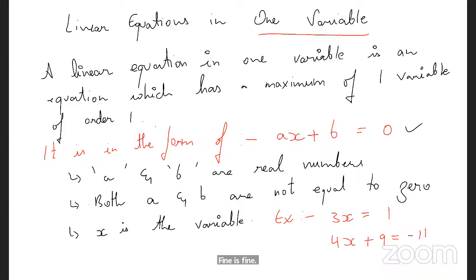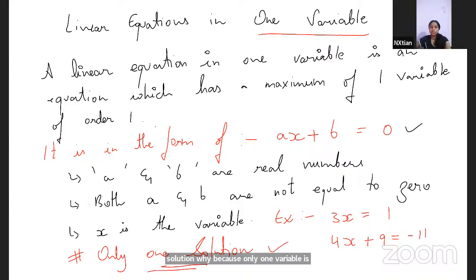All right. So these are some examples of linear equations. Also, one very important thing: they have only one solution. Why? Because only one variable is present, we can obtain only one solution.